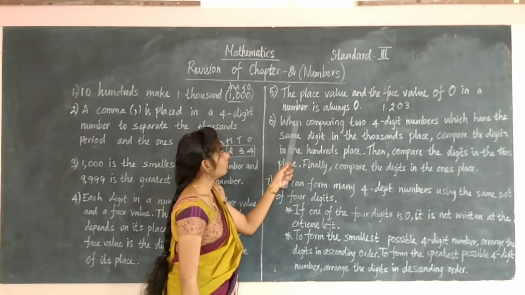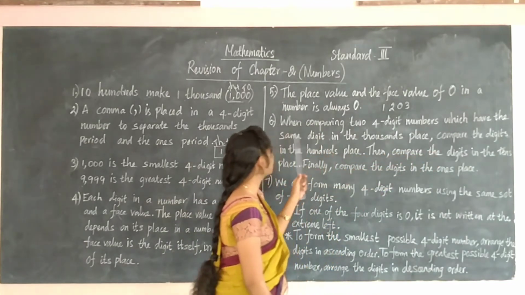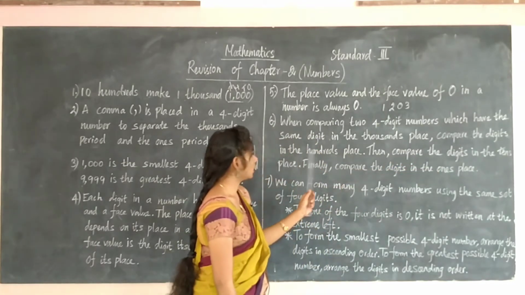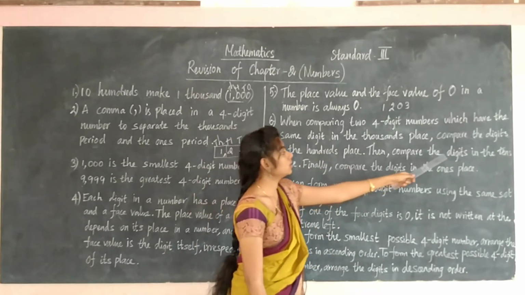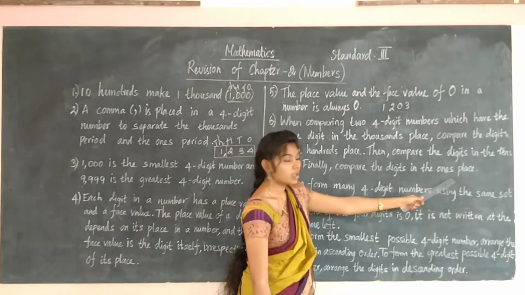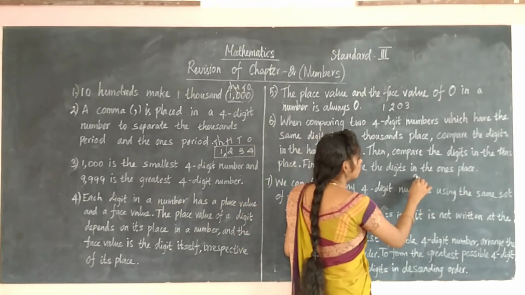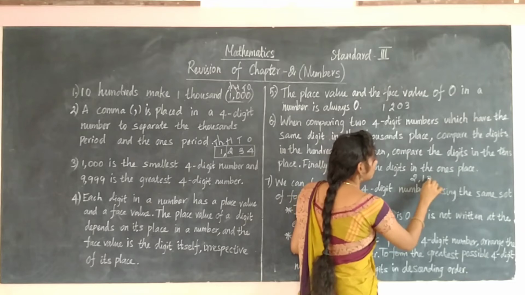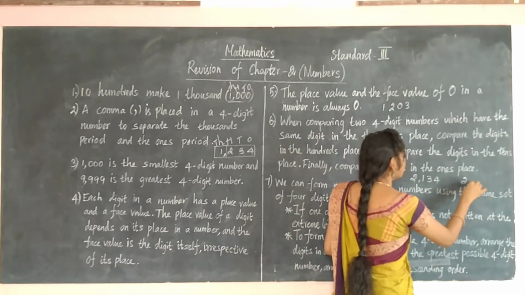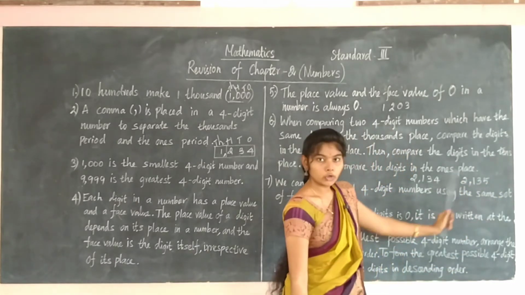So the next one. Comparing two 4-digit numbers which have the same digit in the thousands place, then compare the digits in the hundreds place, then compare the digits in the tens place, finally compare the digits in the ones place. If we are asked to compare two 4-digit numbers, for example 2134, this is one 4-digit number, and the other one is 2135. These are the two 4-digit numbers.